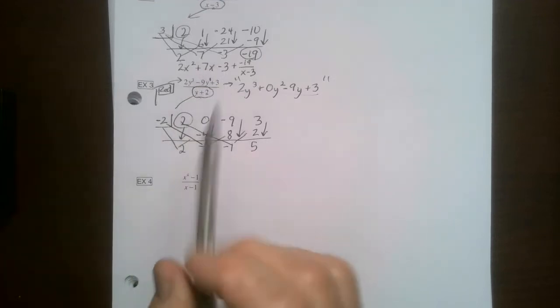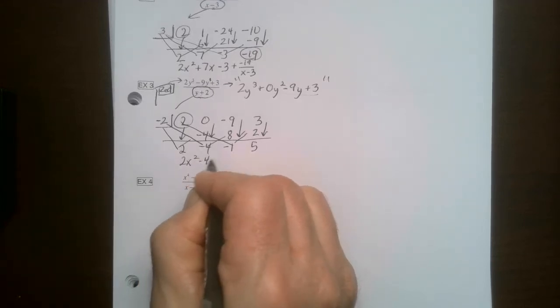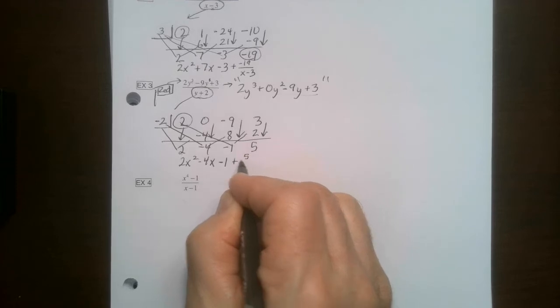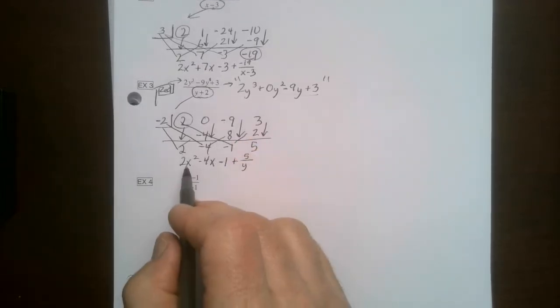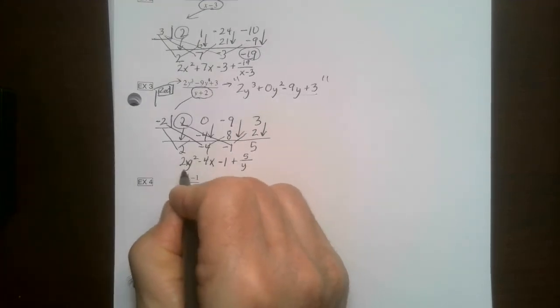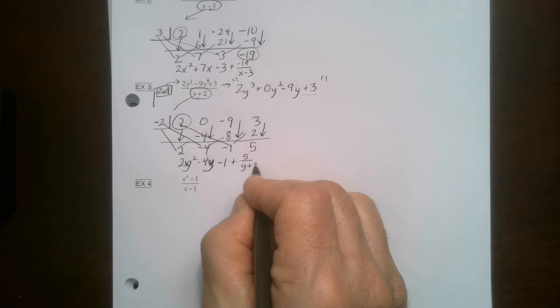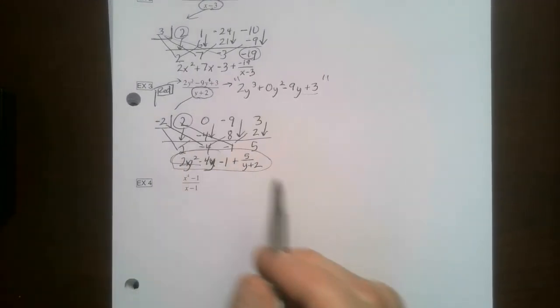It's a 3, so we're going to drop down 1 from there. So this is 2x squared minus 4x minus 1 plus, there's my remainder, 5 over, oh, I adjusted to x. So that should be a y, that should be a y. Sorry about that. And we get y plus 2. Those are y's.